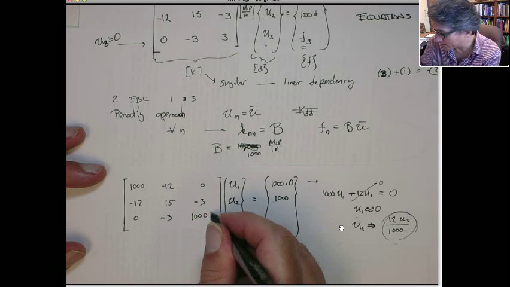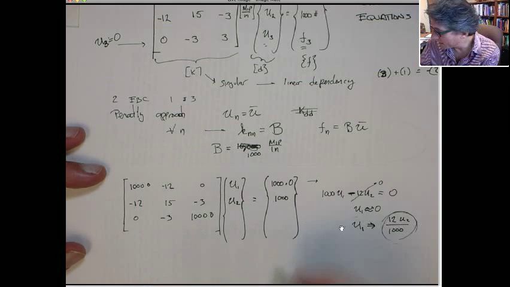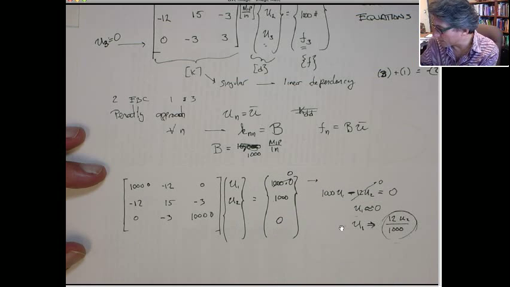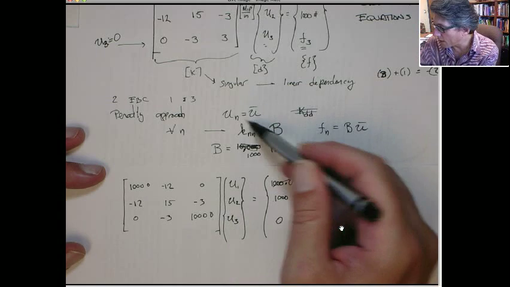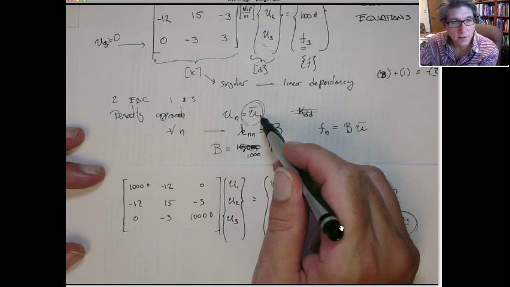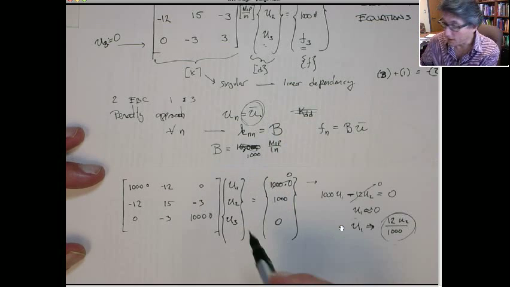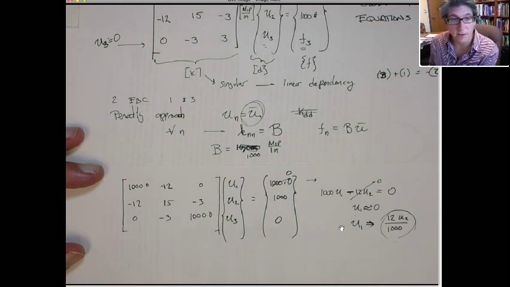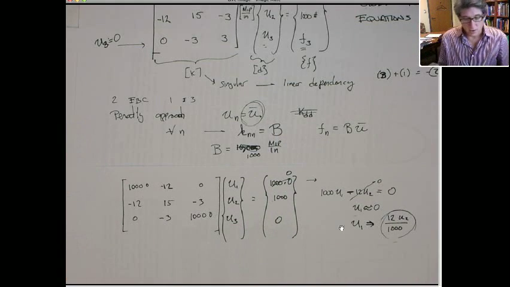Actually, we can make it 10,000. I think for this system it'll be okay. And then, like I said, this is going to go to 0, and again, this is going to go to 0. Now, sometimes you'll have a non-homogeneous essential boundary condition where the prescribed value isn't 0, and then this would not be 0, but it would be the same big number times the value you want to set it to. So you can see that that'll go through.